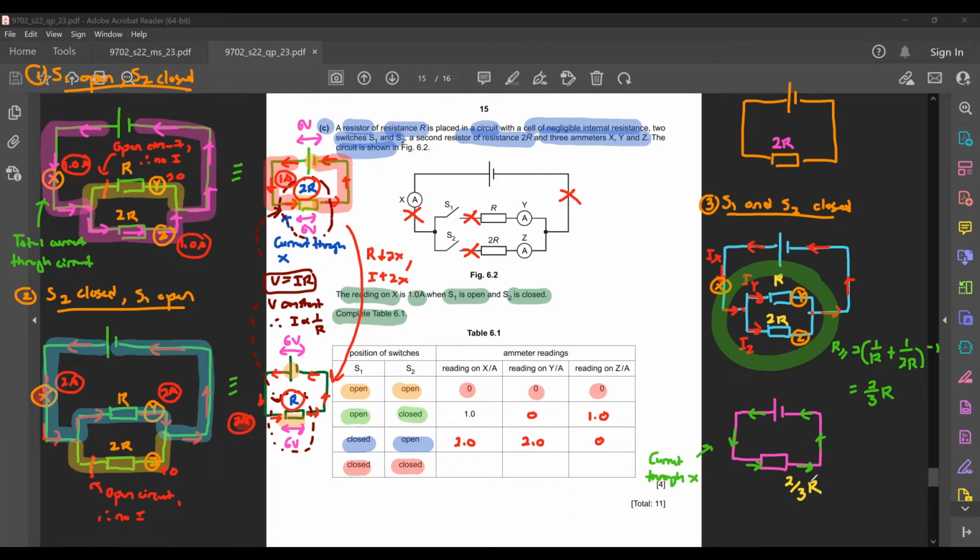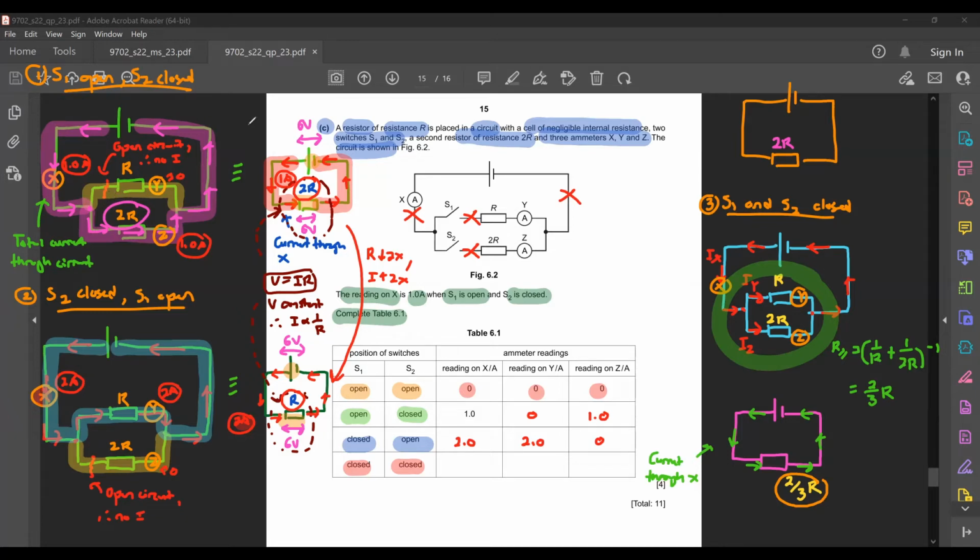In our case, this is a resistance of 2 over 3R. It will be easier if you compare with the one where you had 2R, meaning you compare with the first circuit.